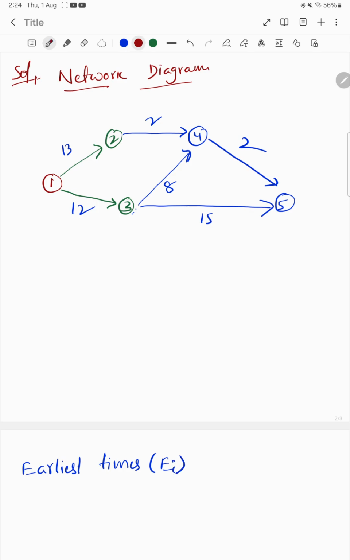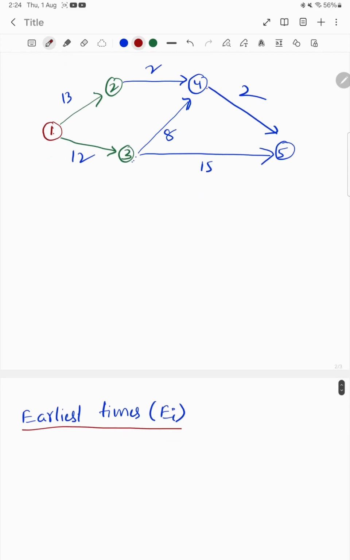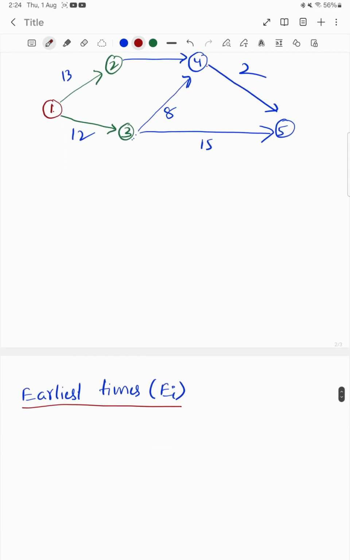Now in this network we have nodes 1, 2, 3, 4, 5 connected, so we are going to calculate 5 earliest times. The first one is E1. As we know, the starting point of any project is equal to 0. Next is E2.